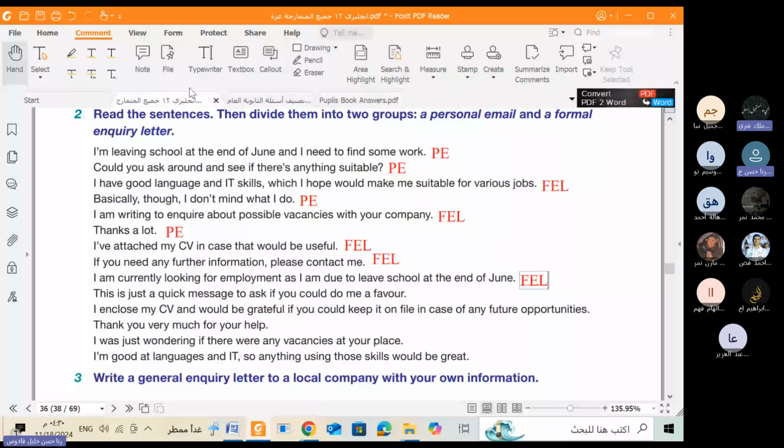It's personal. That's right. And I enclose my CV and would be grateful if you could keep it on file in case of any further opportunities. Yes, Jamil. Formal. This is formal.